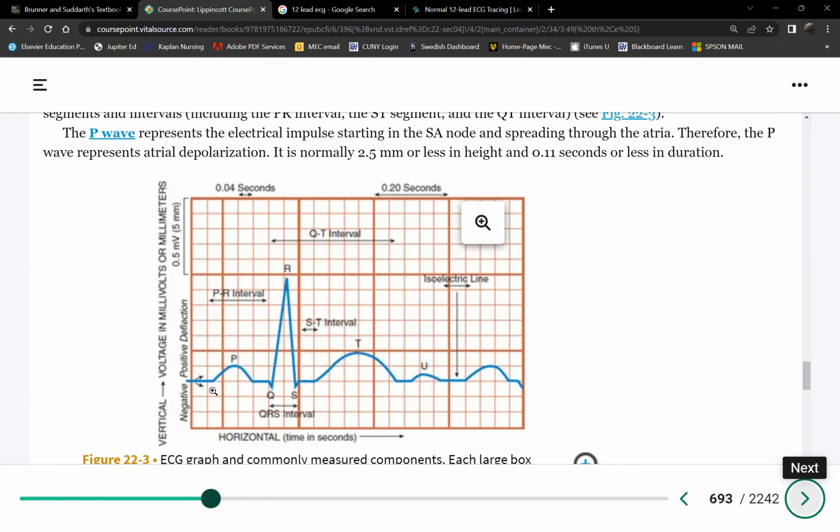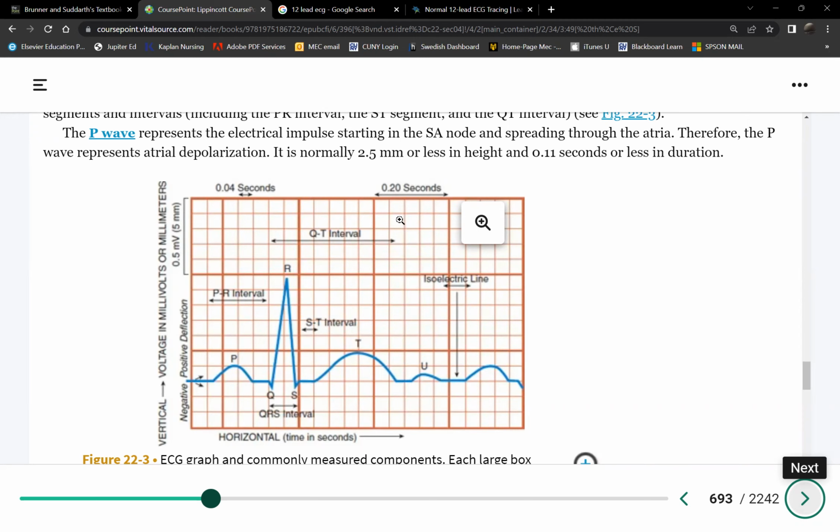It's 1, 2, 3. Wow. It's not 3. This is 1, 2, and a half. This is only 2.5 small boxes. That means 0.04 times 2.5 equals 0.1 seconds. Okay, very good.